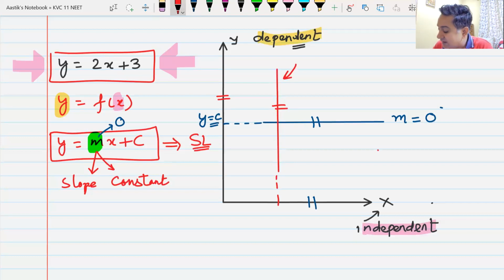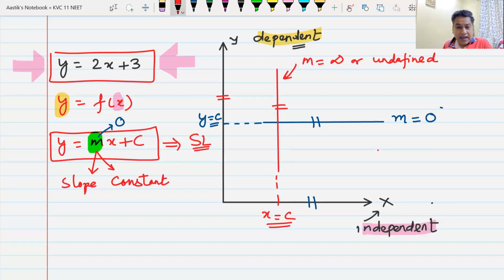We call this line as having infinite slope, or instead of infinite, I can call it undefined slope. The slope cannot be found out. The equation of this line will be x is equal to c. X is a constant. X does not change, but y keeps on changing. Do we understand this?